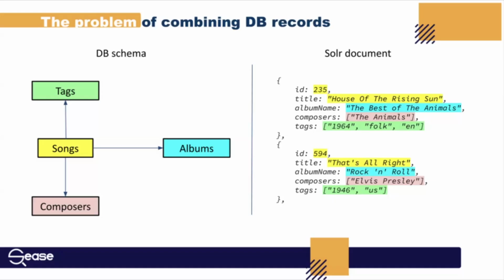We have a table with songs, another table for composers, another table for albums, another for tags, for example. But when we want to index all our information, we want all this data in the same document. For example, a document with ID, title, album name, album composer, and tags. All of them come from different tables. And the problem is, how can we join all this information in a quick way?